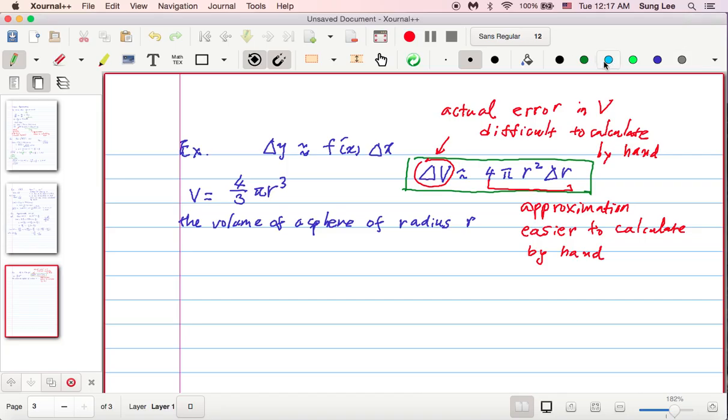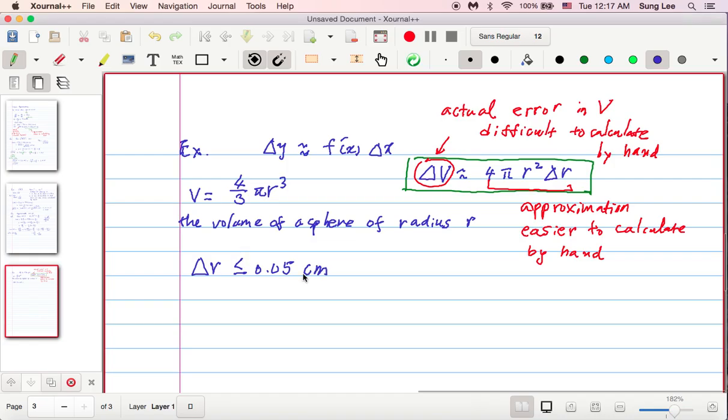Good. So here, there is a constraint: delta R is less than or equal to, if I remember correctly, 0.05 centimeters.